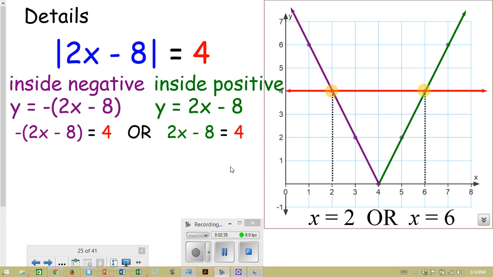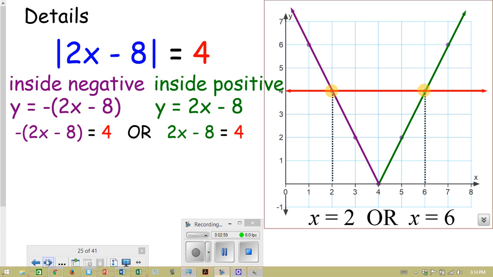So in other words, we need to look at when it crosses over here the green, and that's when the inside was positive and absolute value did nothing, and that was this right here, equaling the red. And then we also had to consider the situation where when the inside was negative, it made it positive by taking the opposite, that's the purple, equaling the red.